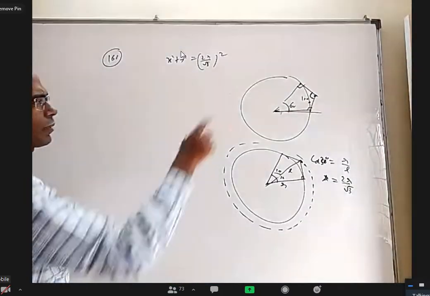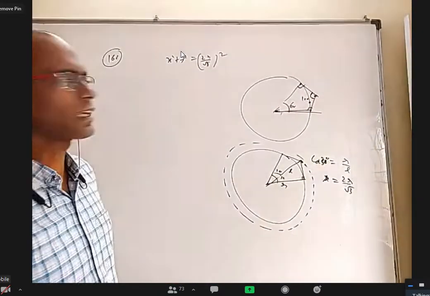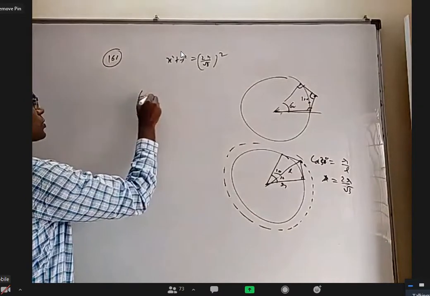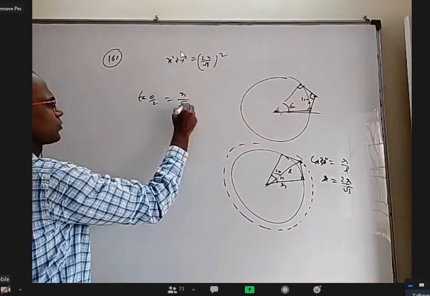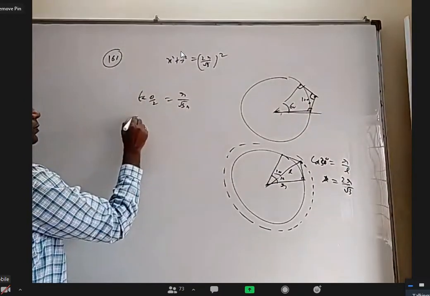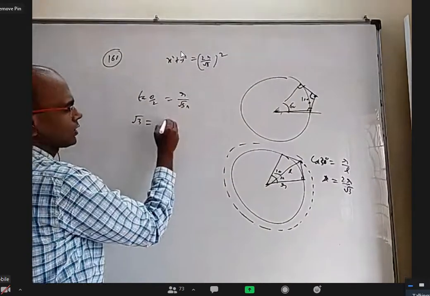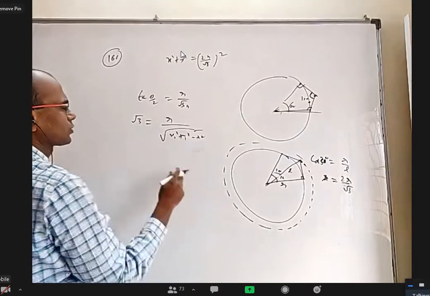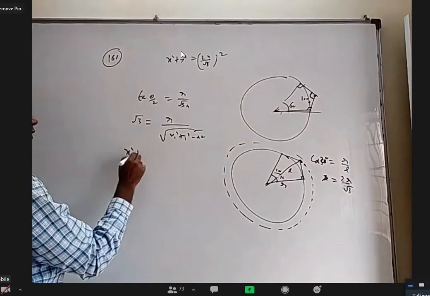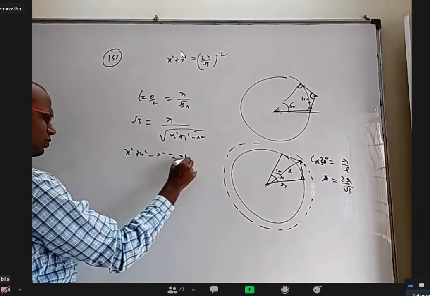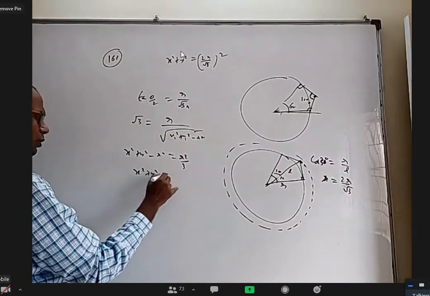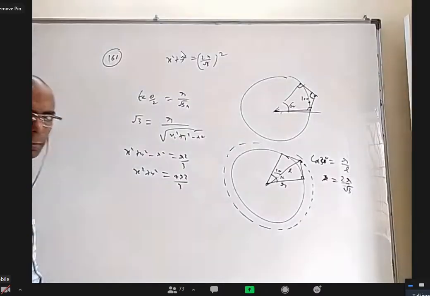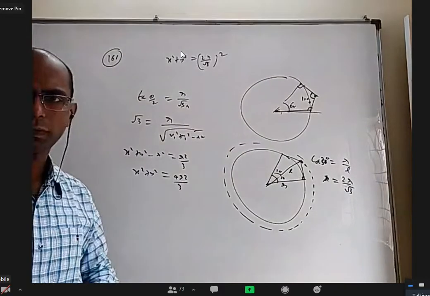From an external point, you draw two tangents such that the angle between them is 120, so you can use tan theta by 2 equal to r by root s11. So tan 120 by 2, tan 60 is root 3, r is r, root s11 is root over x1 square plus y1 square minus r square. Bring this one here, you will get x square plus y square minus r square equal to r square by 3. X square plus y square equal to 4r square by 3. Again, same answer. You can do it like that also.